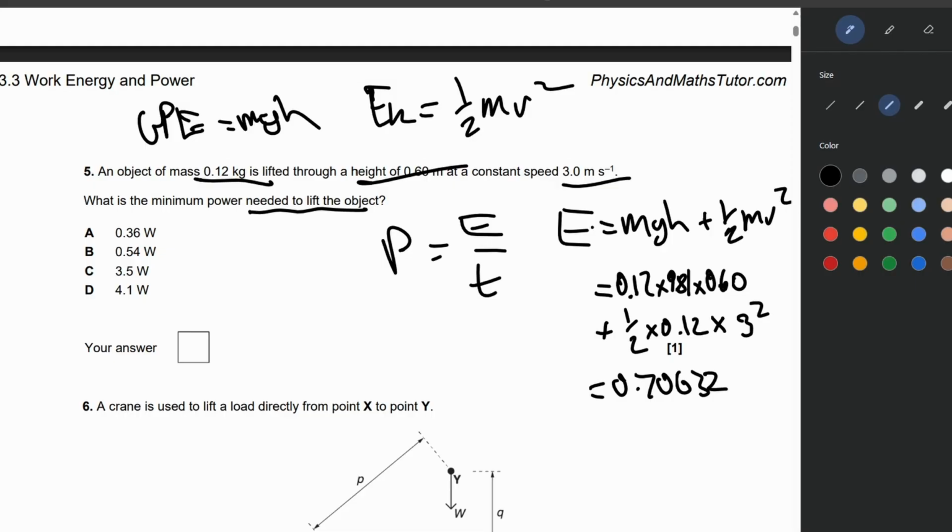You know, now that I think about it, mgh is the energy required to lift it. Oh, I don't know. Let's just see what the answers are after. It's weird that they include the speed as well. Half times 0.12 times v squared.